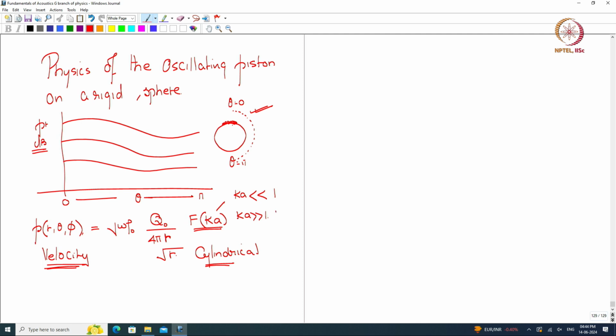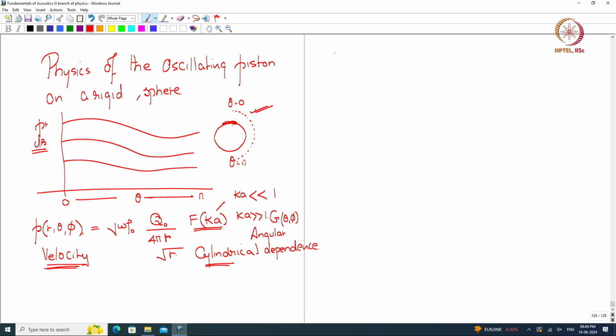And finally there will be a term which depends on theta and phi, the angular dependence. So these are terms you can expect in a general expression for the pressure of a source. I wanted to mention that.